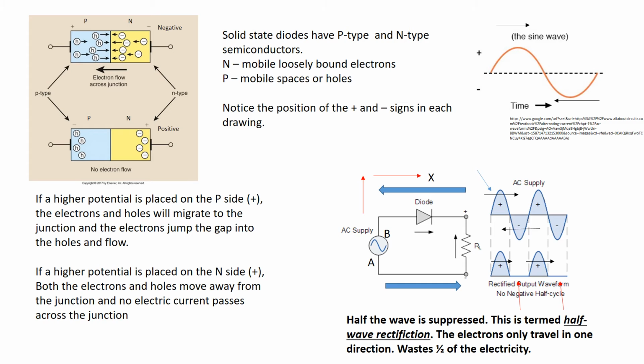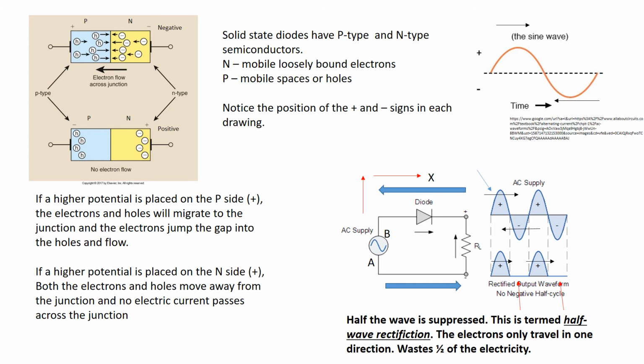The N, if you look at the drawing, has within it loosely bound mobile electrons. They're able to move. And the P-type semiconductor has spaces or holes, and those also are able to move.